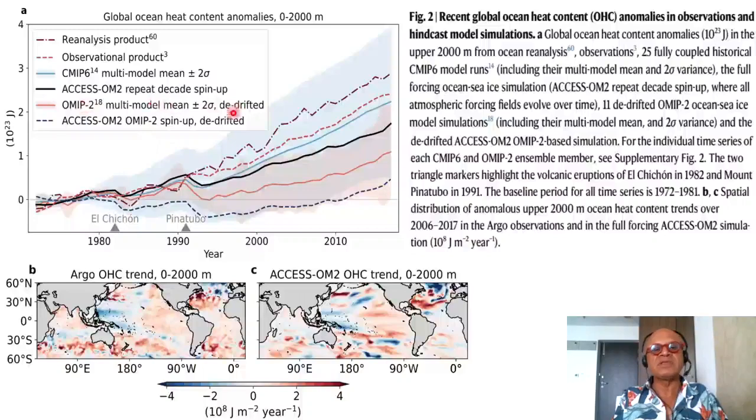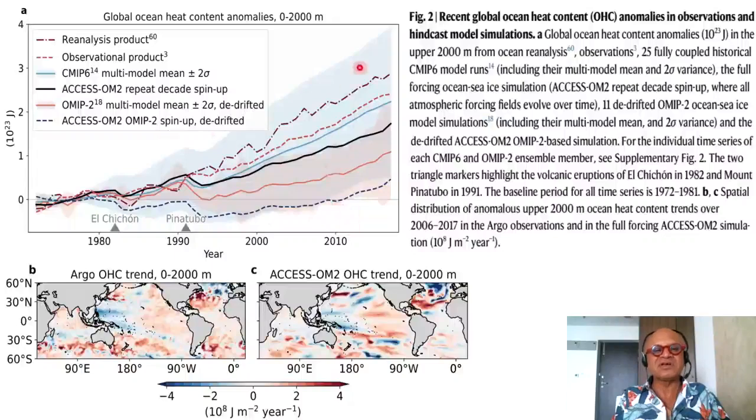ACCESS-OM2 repeat decade spin-up, which is the model reanalysis approach used here. So it's way down from the other reanalysis products. OMIP2 is down here with multi-model mean plus minus 2 sigma de-drifted. So the trend is the drift during spin-up is taken out, and ACCESS-OMIP2 spin-up de-drifted.